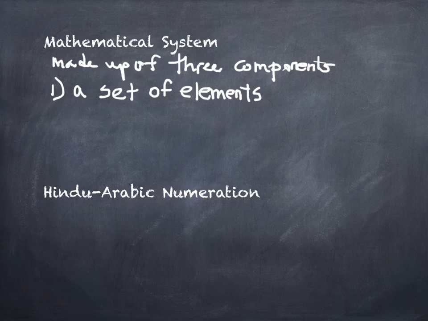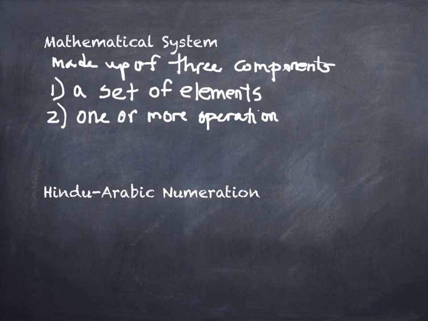So we've talked about that before, right? Elements and sets. The second item is one or more operations joining them. So operations for combining elements.